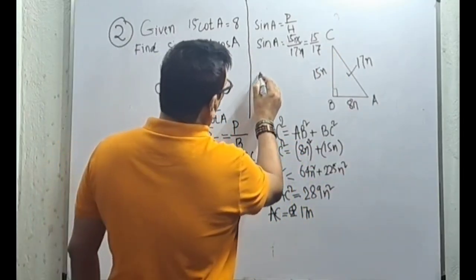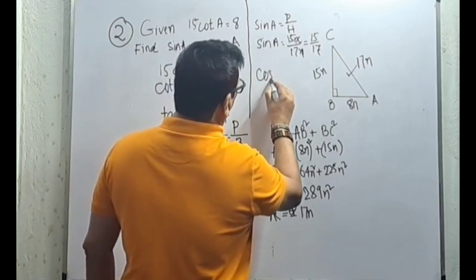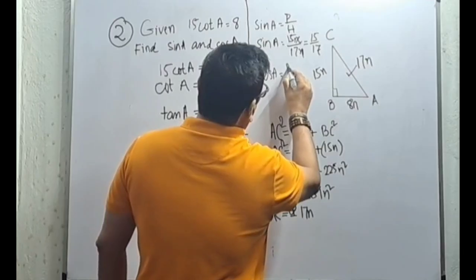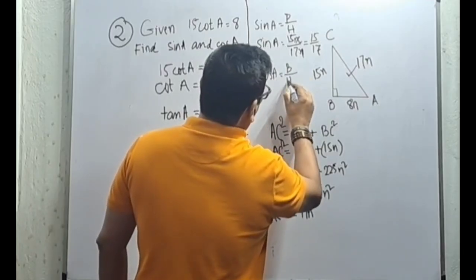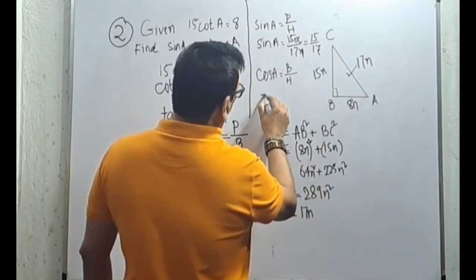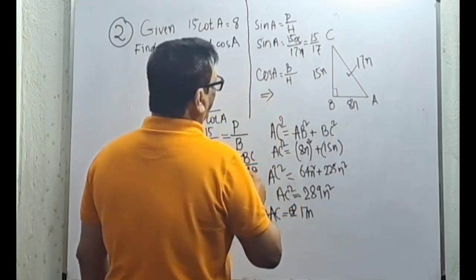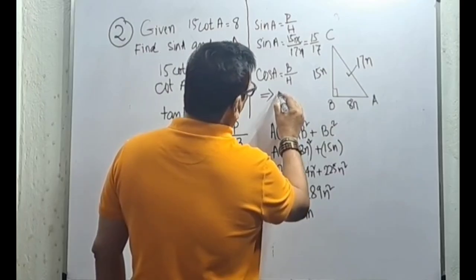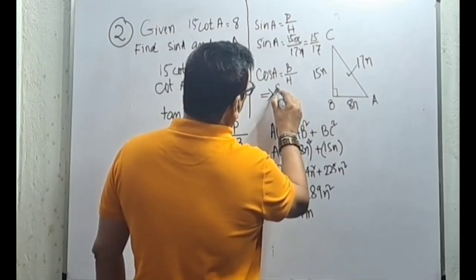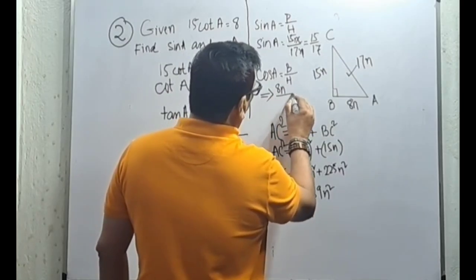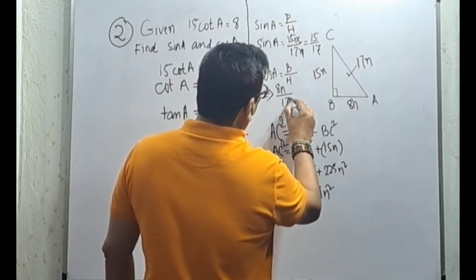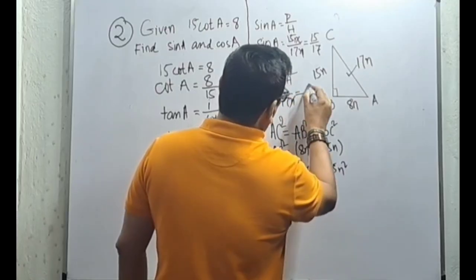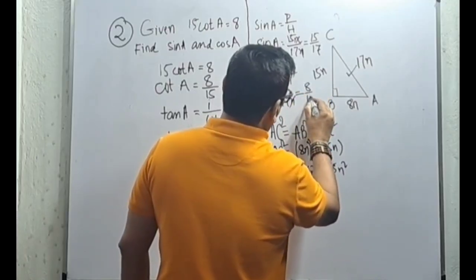So we find out the cos A. So cos A is equal to base by hypotenuse, right? That is equal to 8n by 17n. So that is equal to, n cancels out, 8 by 17, right?